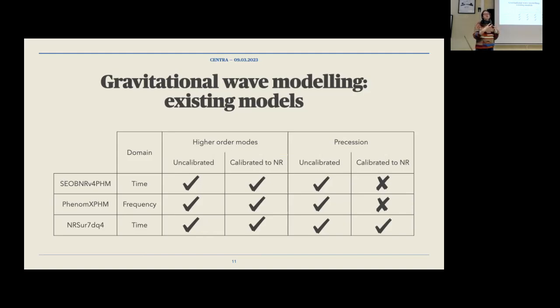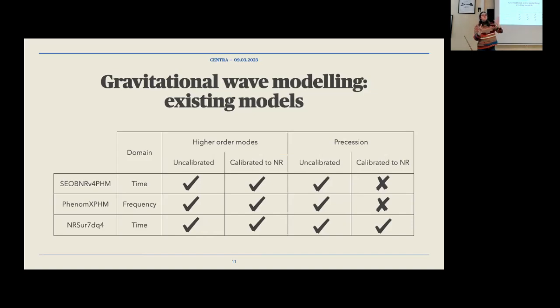It inherits only the errors that could be present in your numerical data, but it's unfortunately limited because our numerical simulations incur errors as they evolve. The longer the simulation, the larger the dephasing error you'll have as you evolve it forward. So the NR surrogate family is only applicable to these very heavy mass systems where the signal present in our detector will be there for a short period of time.